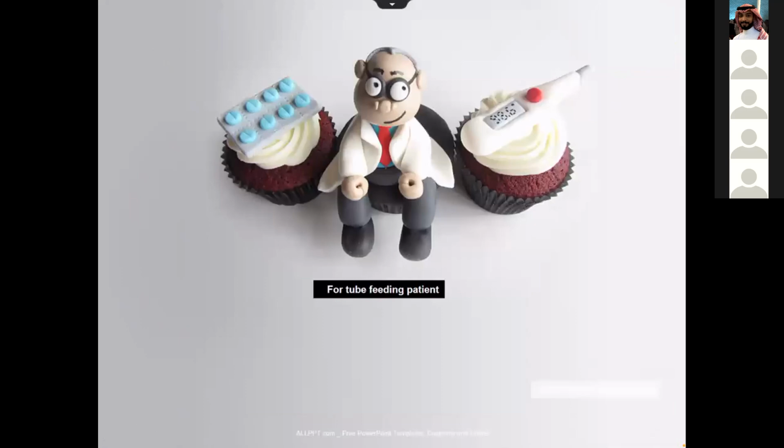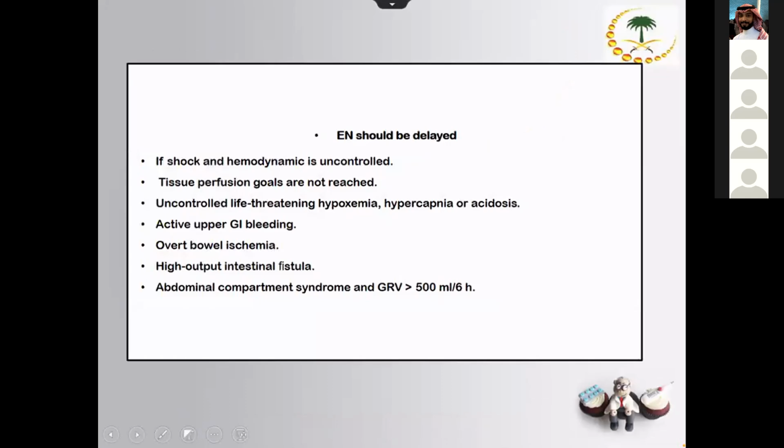For tube feeding patients, tube feeding is not strongly recommended for patients under palliative care, but sometimes the patients are under consultation only, and they already need long-term nutrition support.